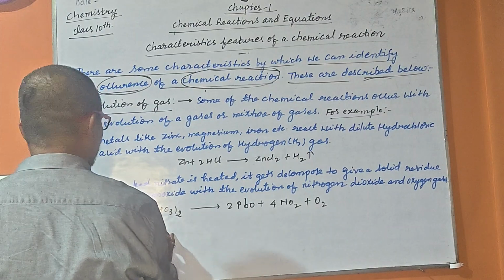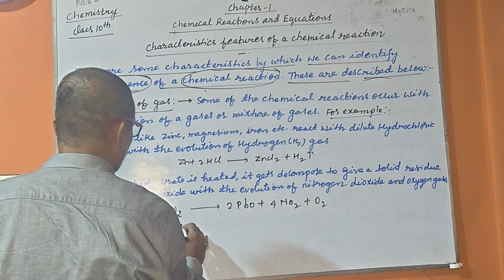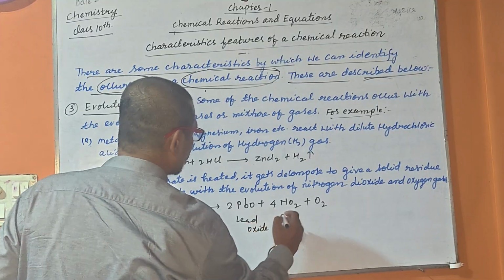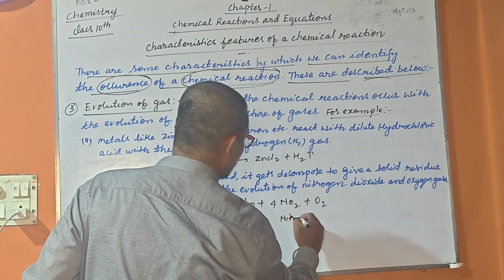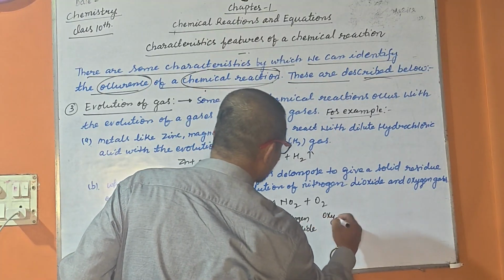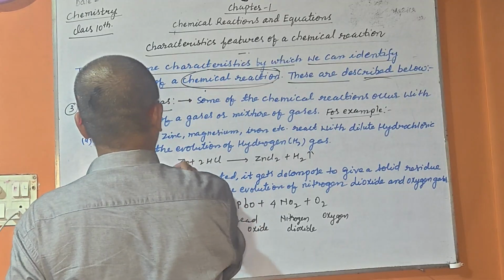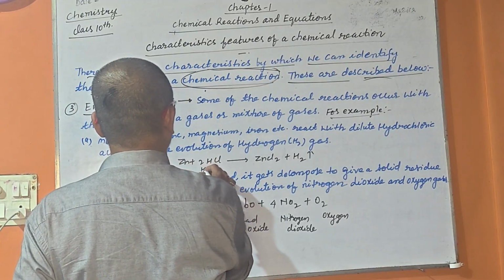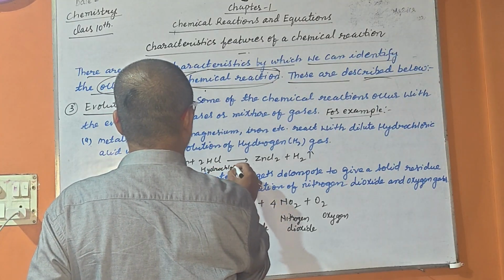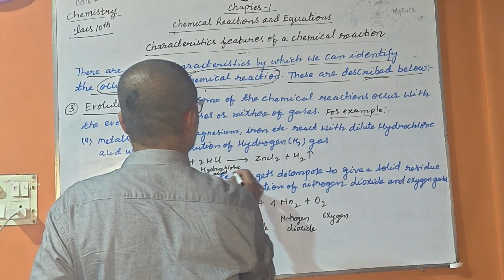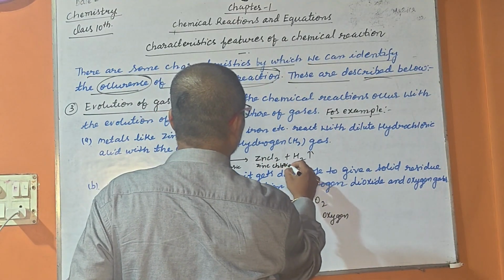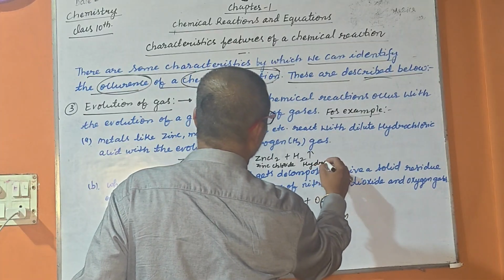That is, lead nitrate gives lead oxide, nitrogen dioxide, and oxygen. And zinc with hydrochloric acid gives zinc chloride and hydrogen.